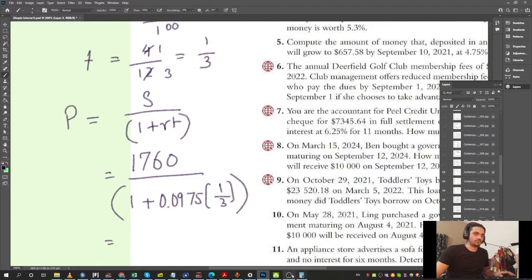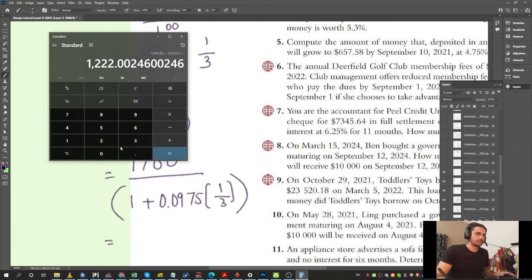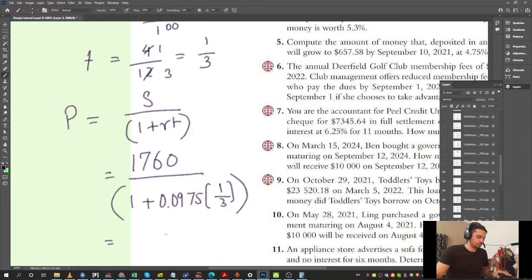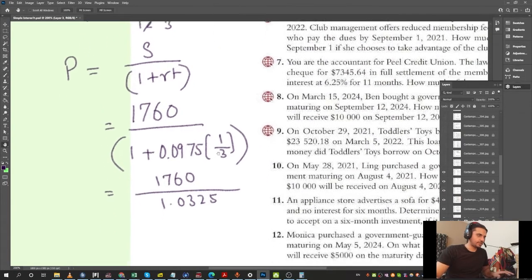And so when we use our calculator, we get 0.0975 times 1 divided by 3 plus 1 equals 1.0325.